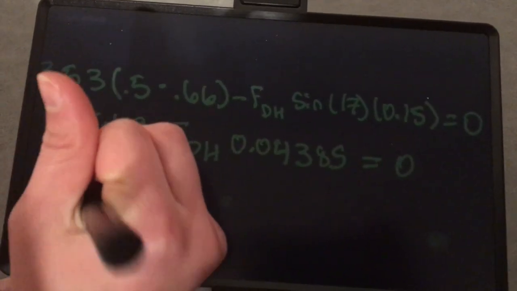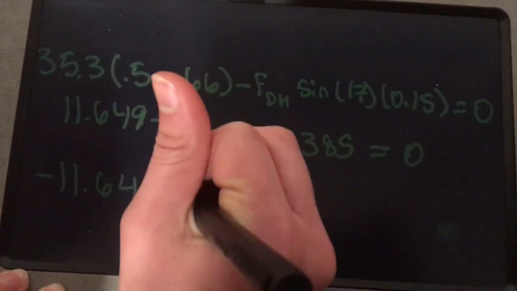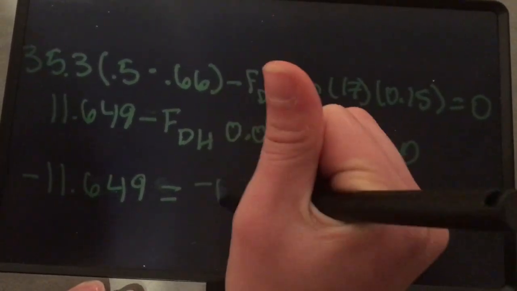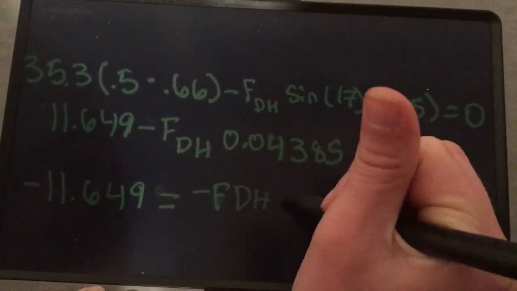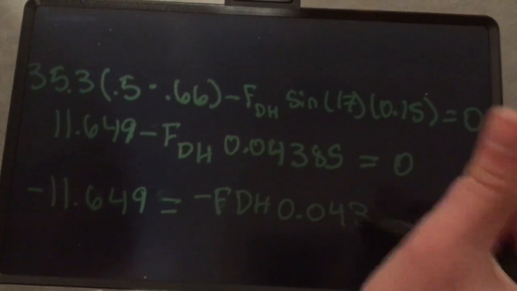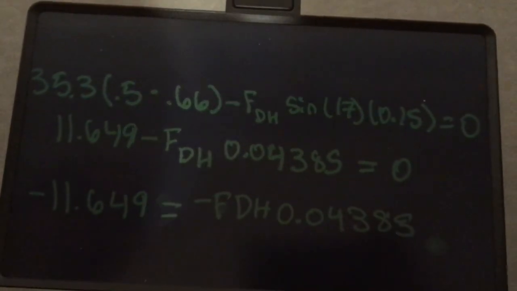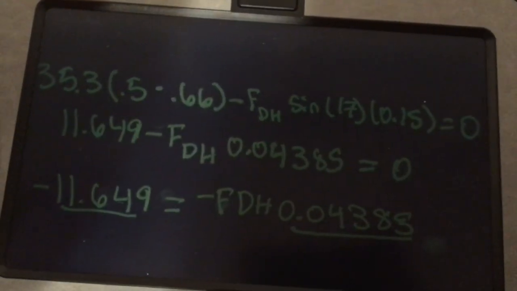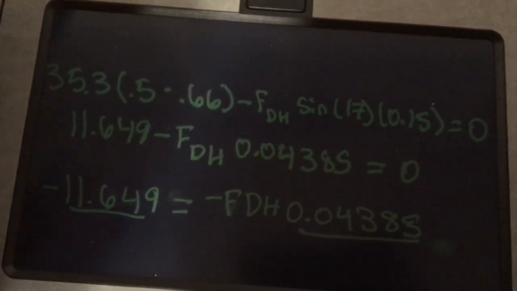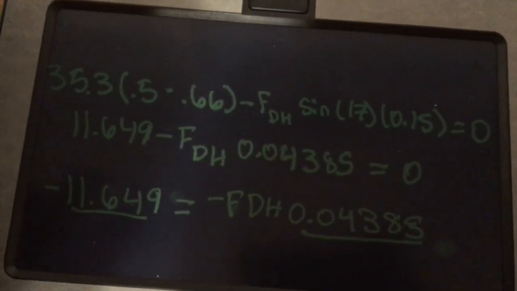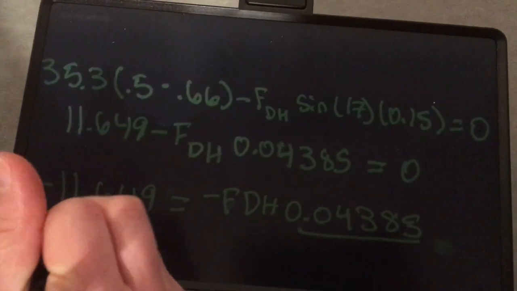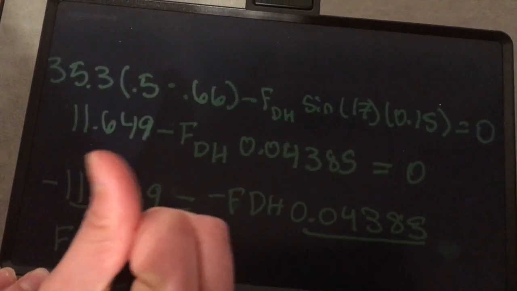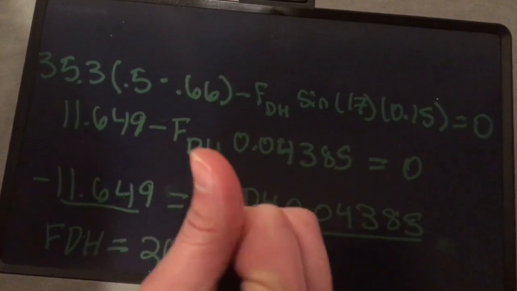So we're going to do negative 11.649 equals negative FDH times 0.04385. So we're going to divide this by this. So 11.649 divided by 0.04385, we are going to have an FDH equal to 266.